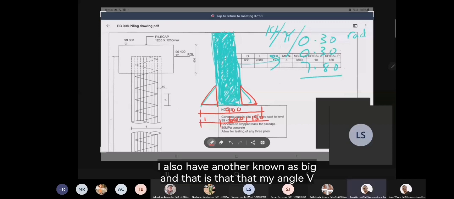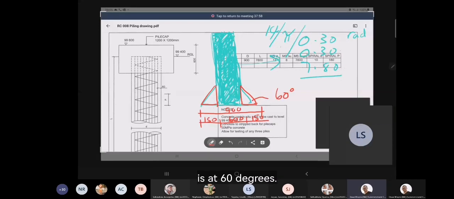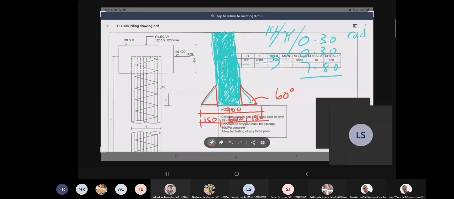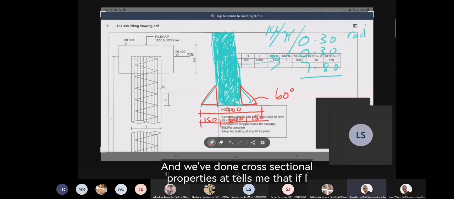I also have another known aspect, and that is that my angle there is at 60 degrees. It's given to me. And I need to determine that. And how do I determine that? You guys have all done centroids, and when you've done cross-sectional properties, it tells me that if I now need to determine the center point of a triangle, what do I use?